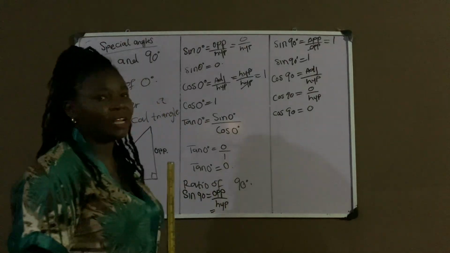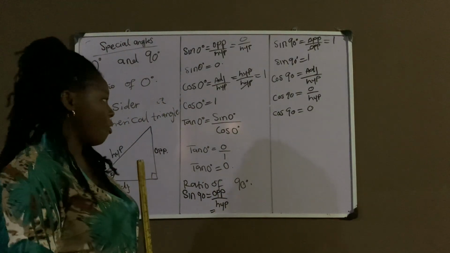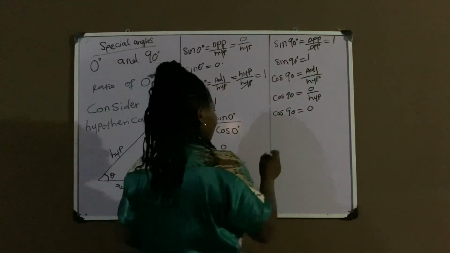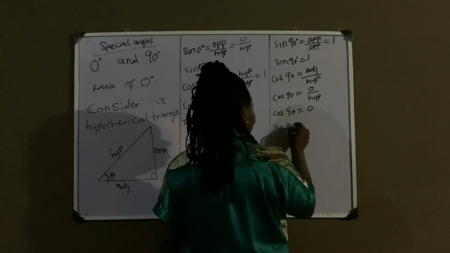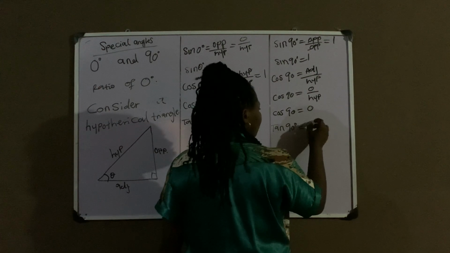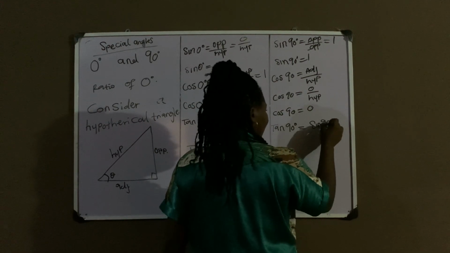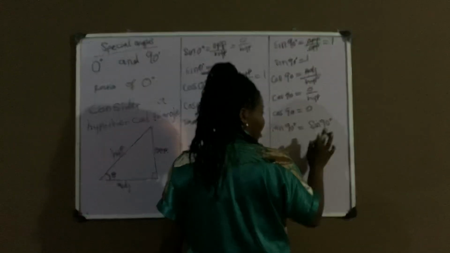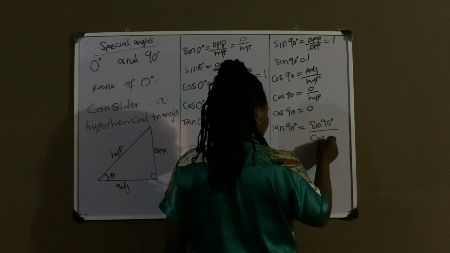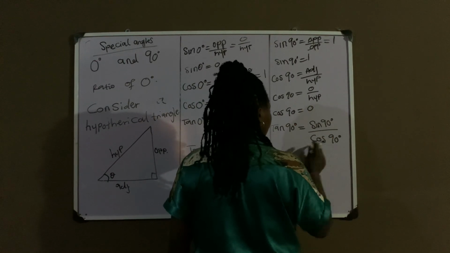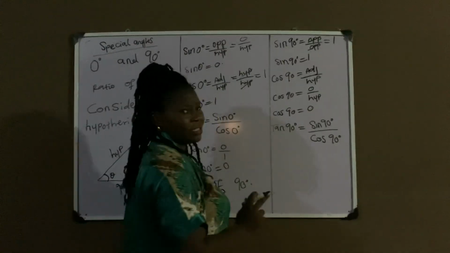Now, for us to get the tangent of 90 degree, you tell them that tan 90 degree is equal to sine 90 degree over cos 90 degree. This is a very good formula that we've been using since. What is sine 90 degree?